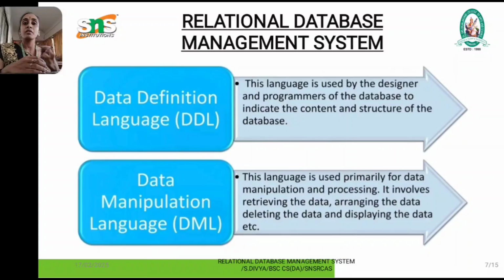By the word we can know it, manipulating. This language is primarily used for manipulating or processing the relevant data, that is retrieving the data, rearranging the data, deleting the data or updating the data. These functions are done by using data manipulation language.